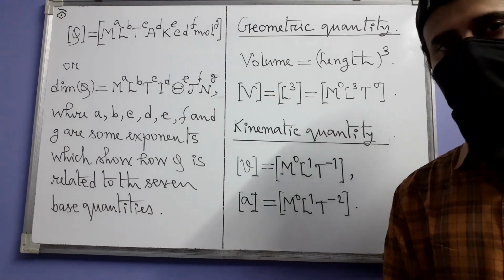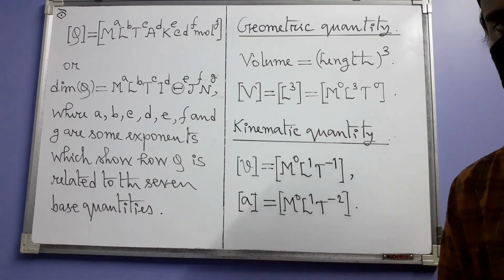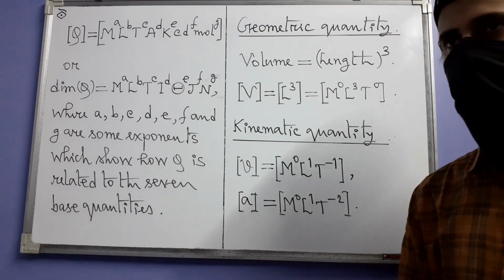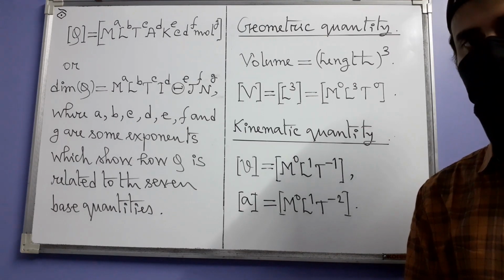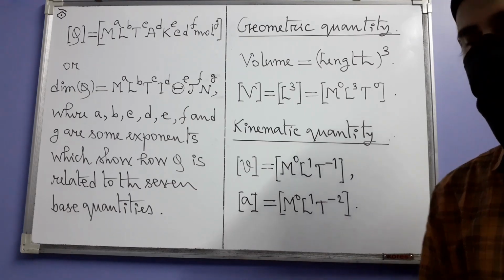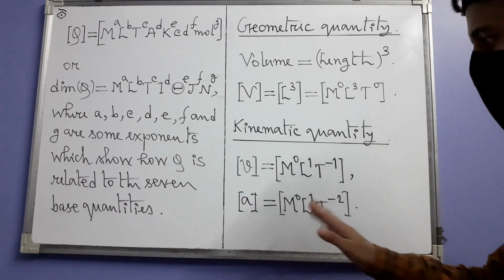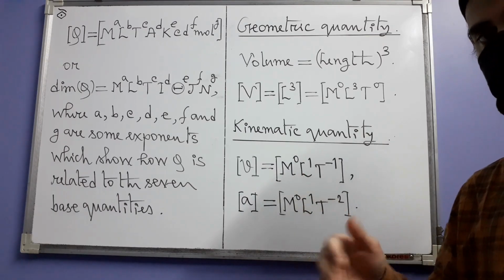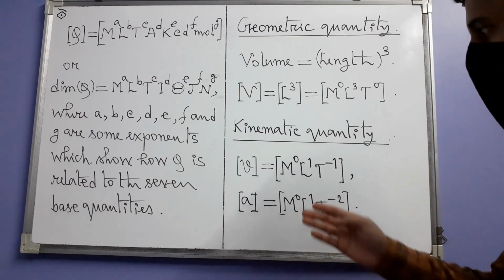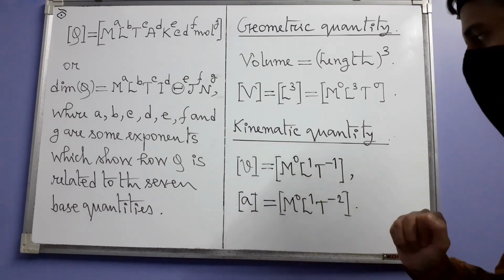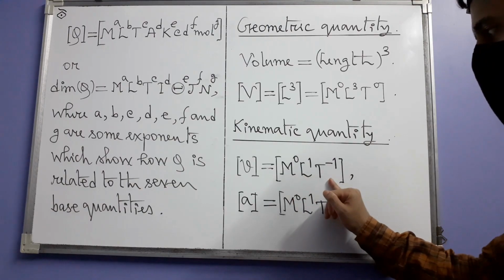Next we have physical quantities, which are kinematic quantities, which are about motion but not taking into account the cause of motion. Cause of motion, of course, is force. So here mass is not involved, but length and time are involved. One kinematic quantity we have already seen, which is velocity, and its dimension is this.